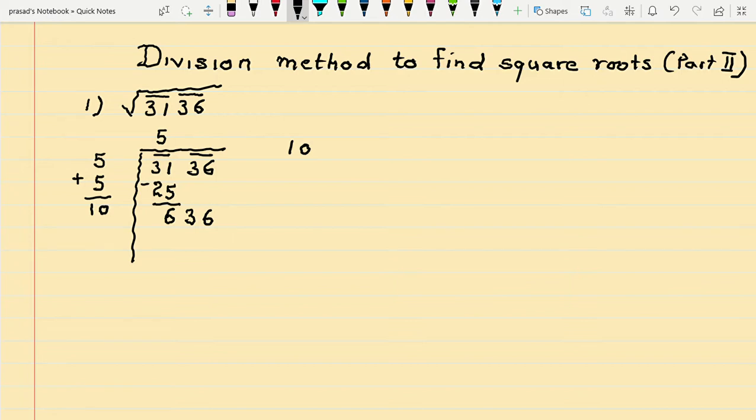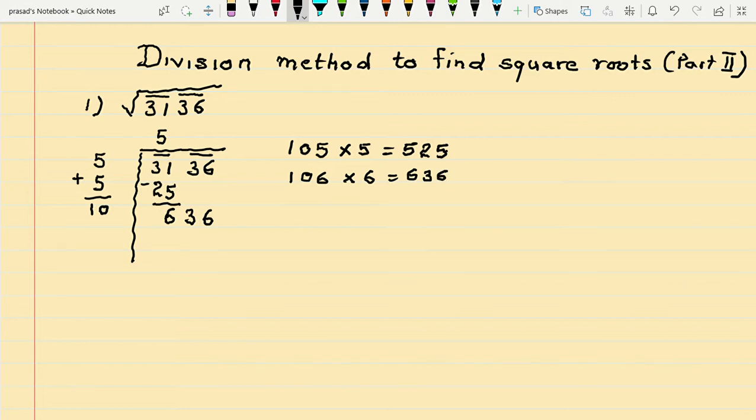So, which number can I suffix? Suppose I suffix 5 and multiply by 5. That gives me 525. Let me go one step further. Write 6 and multiply by 6, which gives me 636.